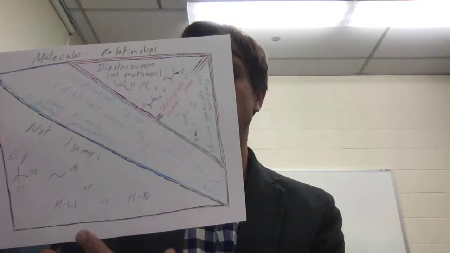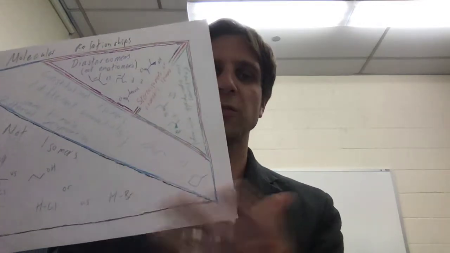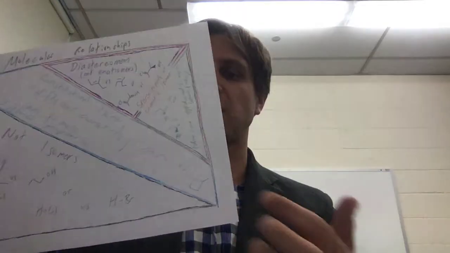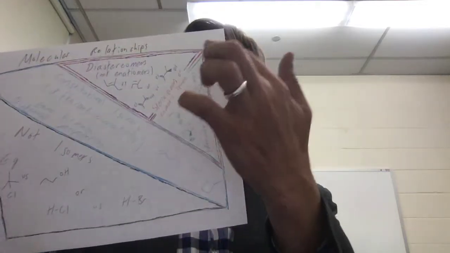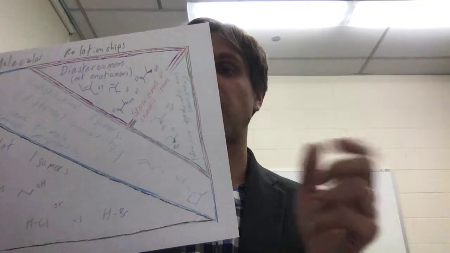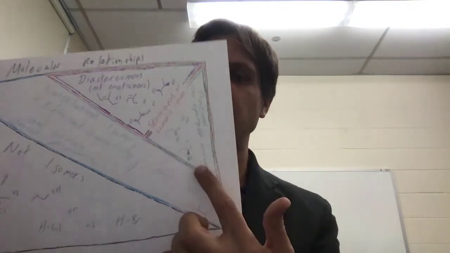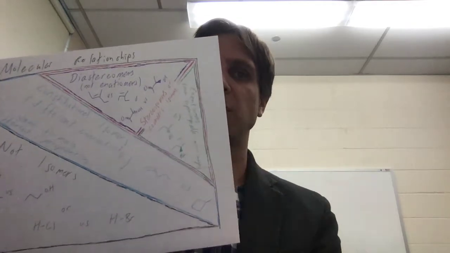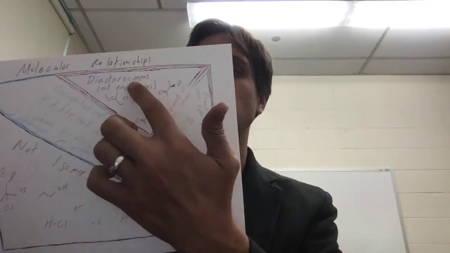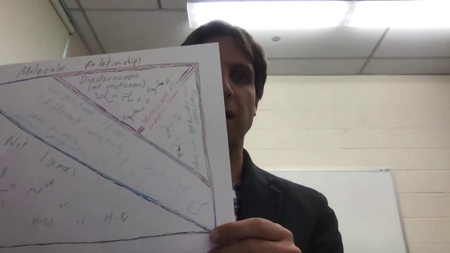So we have not isomers, constitutional isomers, same formula, not a lot of other similarity. If we have the same connectivity but different arrangement of the atoms in space, we're talking about stereoisomers. Those can either be enantiomers if they're mirror images that are not superimposable, or diastereomers otherwise. Hopefully that's helpful, and thank you.